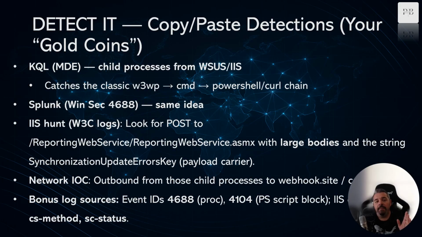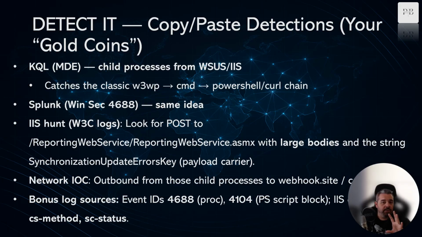And yes, we include the odd key we mentioned earlier, the synchronization update errors key, so you don't have to remember it. Network tells are in there too. If the child process chain reaches out to unknown domains or IPs, especially quick hits to webhook collectors, for example, treat it as high confidence suspicious. The hunt includes that pivot.